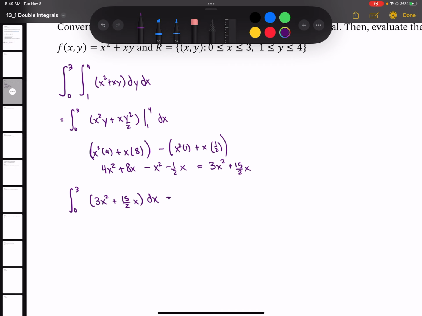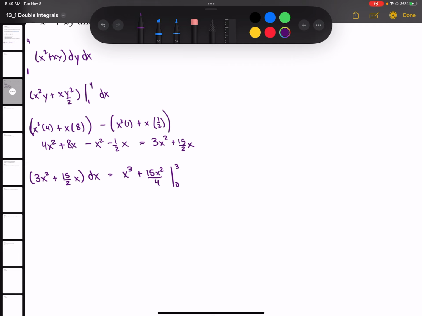So if we integrate this, we're going to get the antiderivative of 3x squared is x cubed. And then we're going to get plus 15x squared over 4, evaluated from 0 to 3. We don't even have to worry about the 0 because it's going to produce a 0. So we're going to get 3 cubed plus 15 times 9 over 4, which is 27, plus 9 times 15 is what, 135?